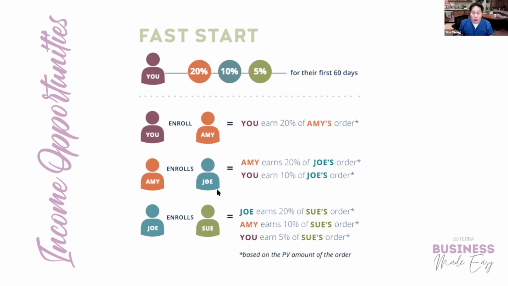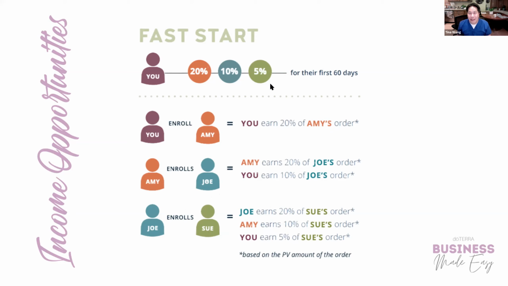I help Amy because she's never enrolled someone, but I get 10% of what Joe orders. Then Joe has another cousin that lives in Alaska, and Joe's cousin Sue wants to order. I don't know Joe or Sue, but whatever Sue orders, I get 5%. Sue's enroller gets 20%, Amy gets 10%, and I get 5%.